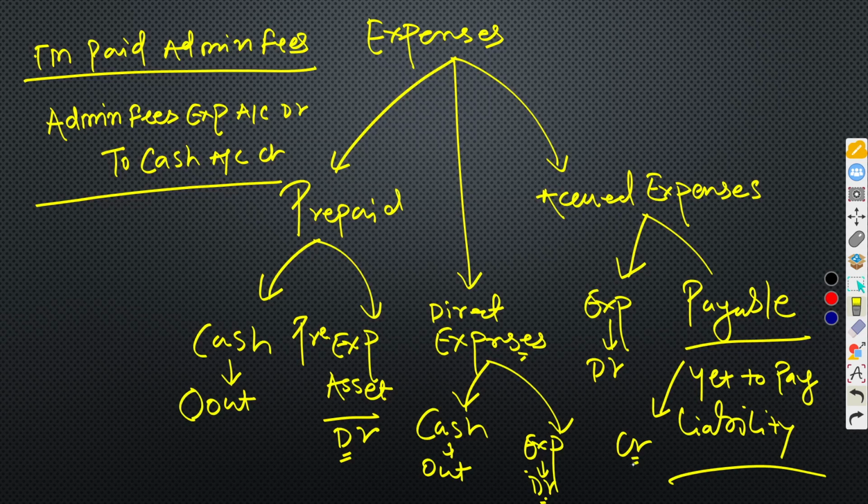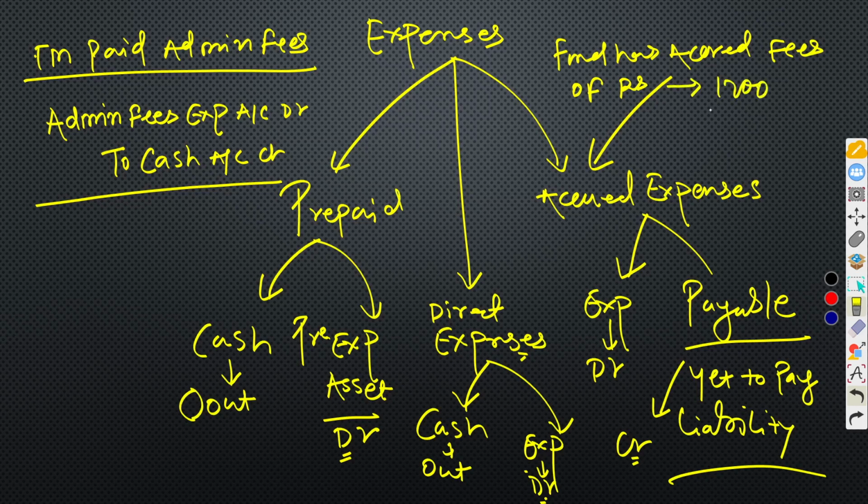So now I'll give you an assignment, so you try it, because in the next session I'll cover those examples. For example, let's say the fund has accrued fees of rupees 1200. Try to prepare the accounting entry in the books of the fund.